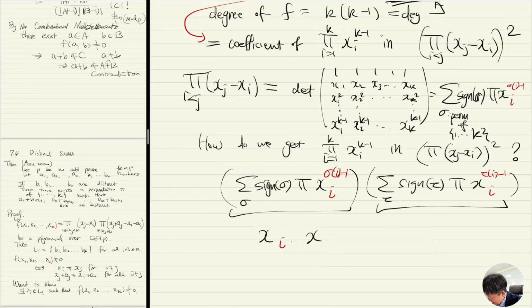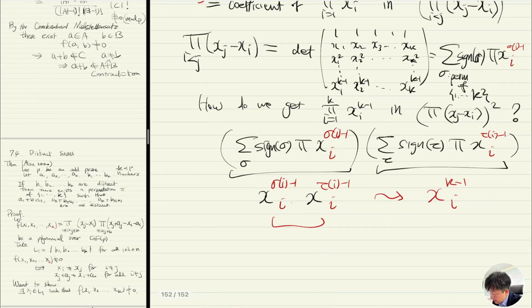So we have i and sigma i minus 1, and we have i and tau i minus 1. And we want their product to be something like x_i to the k minus 1. So how is it possible? Well, we need this plus that to be k minus 1.